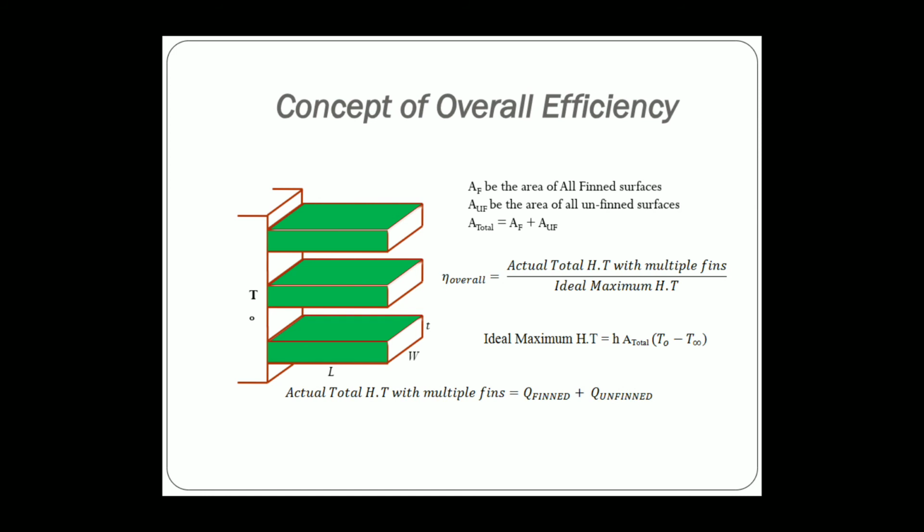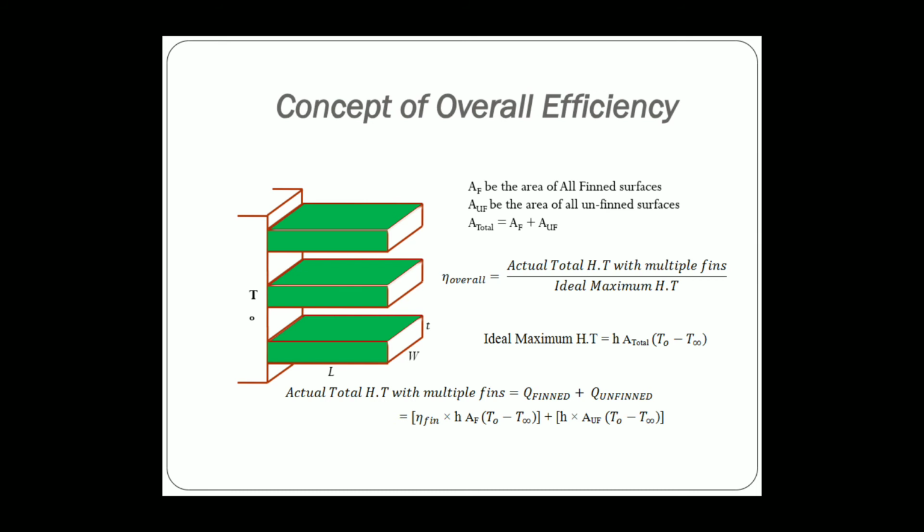So actual heat transfer, if you are having fins, will be equal to heat transfer through the finned area plus heat transfer through the unfinned area. Heat transfer through the finned area you can find for a single fin, the heat transfer area into total fins. So this Q finned, for an individual fin, you can have the efficiency, similar to what we have already discussed.